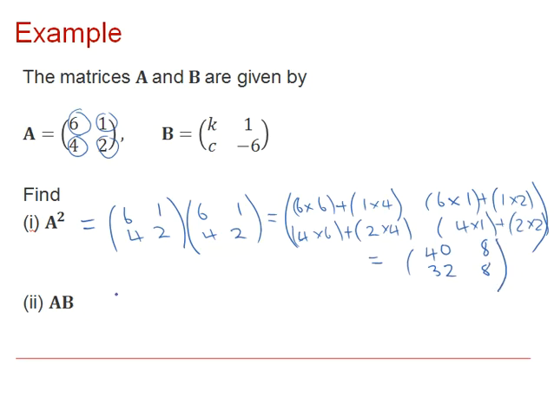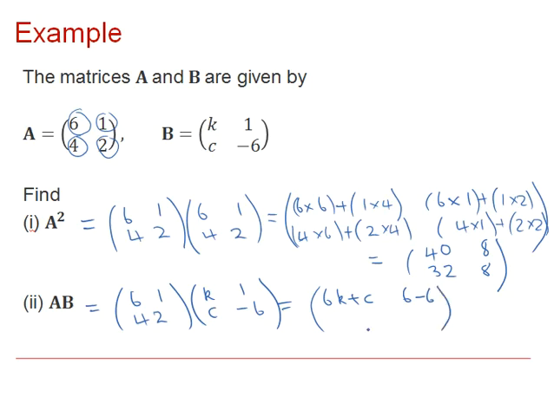If we look at A times B, we can see that it doesn't matter if we don't know the value of all the cell entries. Indeed, in this particular question, there may be a further part where that is part of the question. So, in this case, we've got 6 minus 6 there.